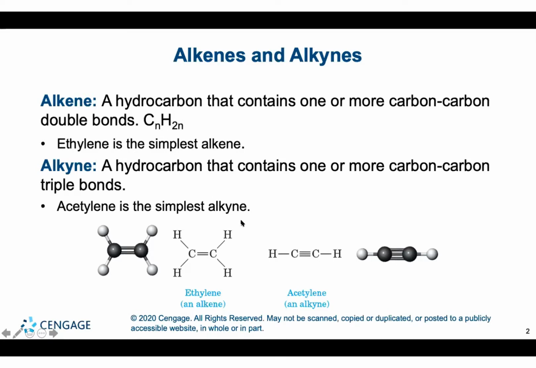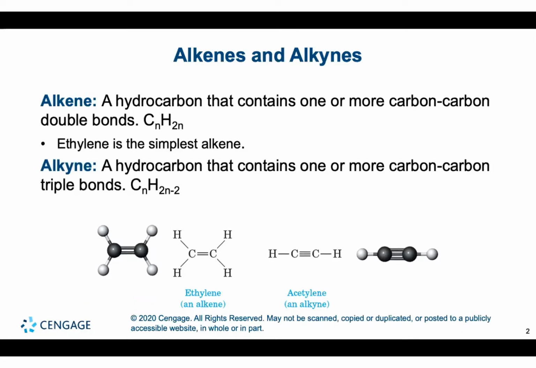For example, here we have ethylene, which is a common name for ethene, and its chemical formula is C2H4. We can see that in C2H4 we have two times more hydrogen than carbon.